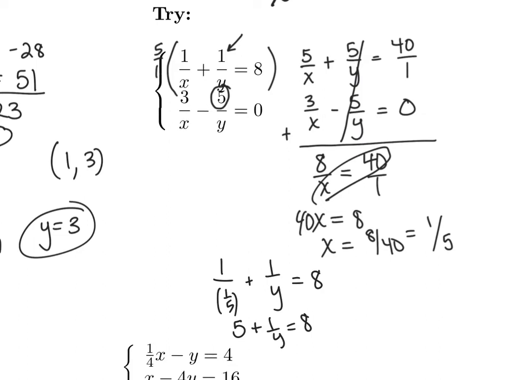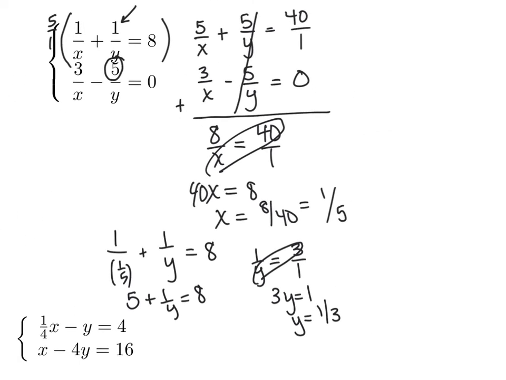Minus the 5 from both sides, you have 1 over y equals 8 minus 5 is 3, and you have another cross multiply problem. So 3y equals 1, and y is going to be equal to 1/3. That one was a lot more challenging probably than ones you've seen in the past. So your answer is 1/5, comma, 1/3.